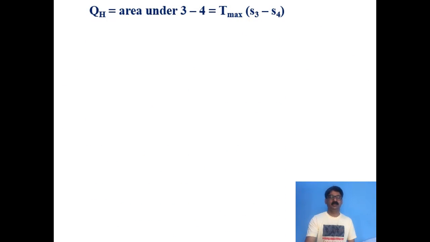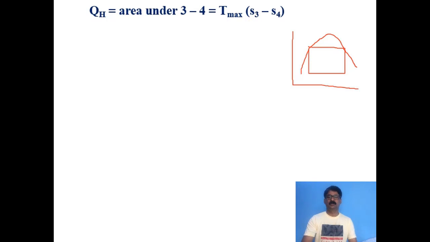Now here the QH is nothing but the area under the curve 3 to 4. As all of you know, the area under the TS diagram is nothing but the heat. Now in order to explain that, I draw the TS diagram of the reverse Carnot cycle here, just to explain that.